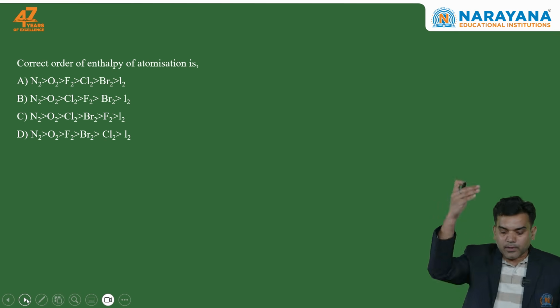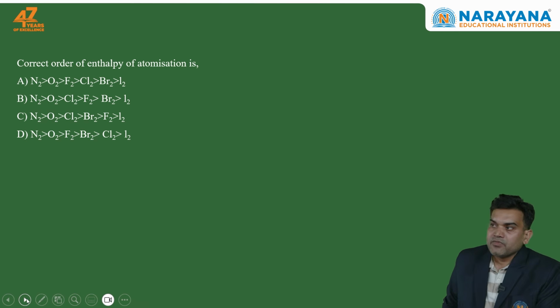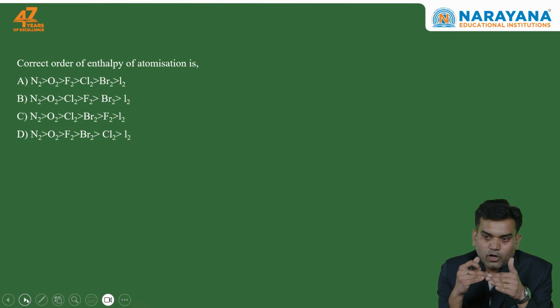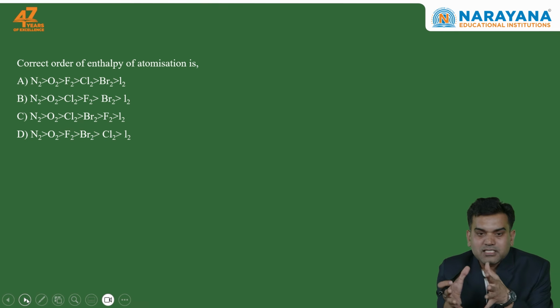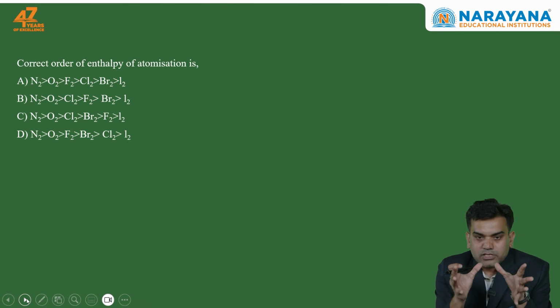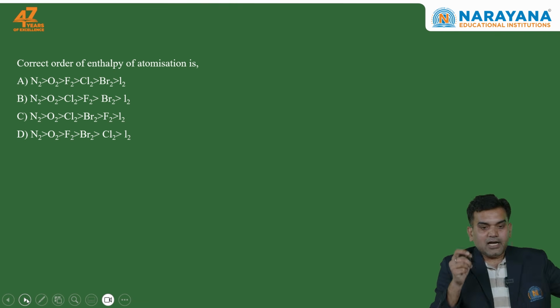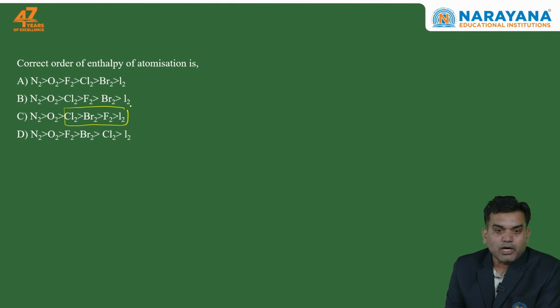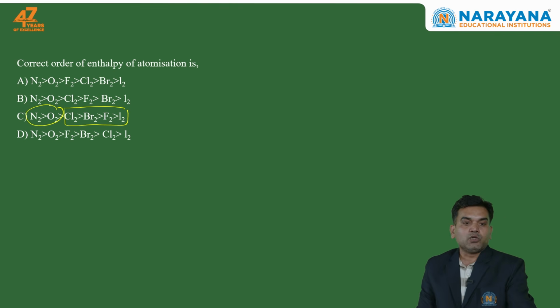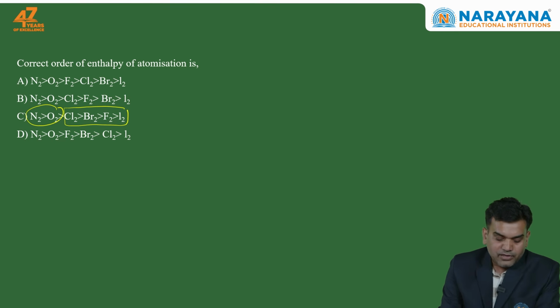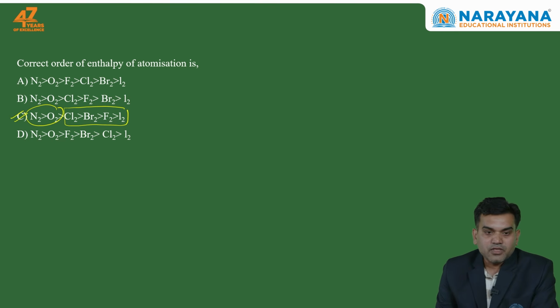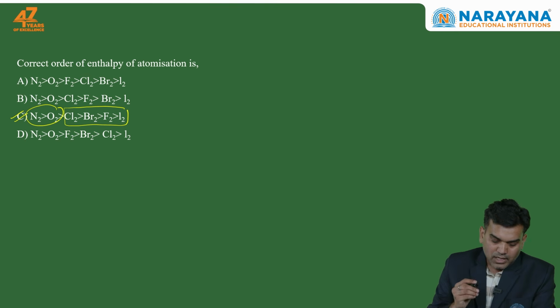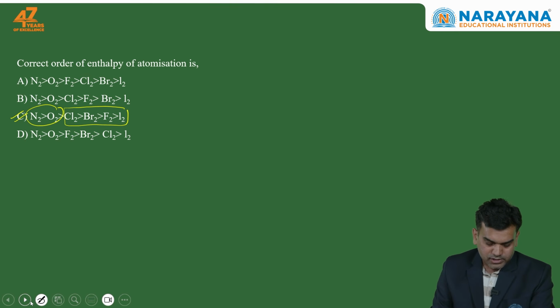If we compare the enthalpy of atomization of the group 17 elements, the value of chlorine is observed to be more than that of fluorine. There are many reasons, but we should just find the order here. So this gives the correct order from chlorine to iodine, and the comparison of N2 and O2 is also correct. So overall, option C is the most accurate. Option C is the answer for this question.